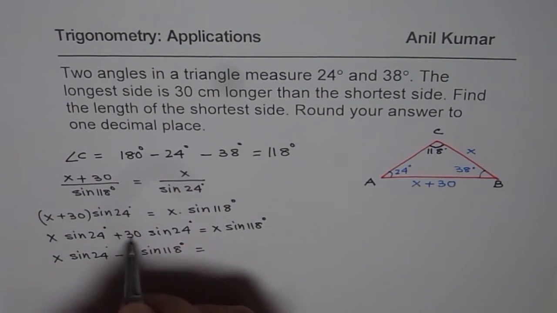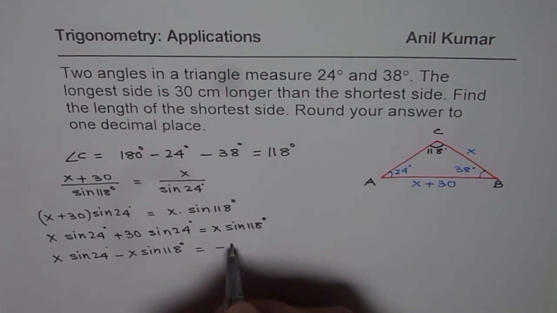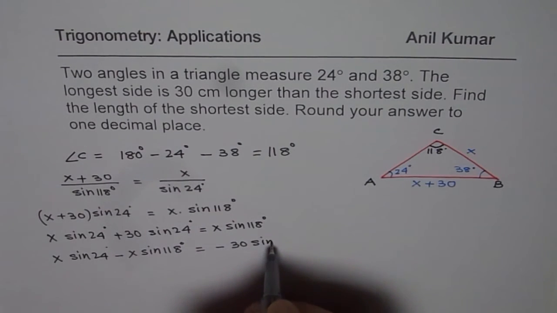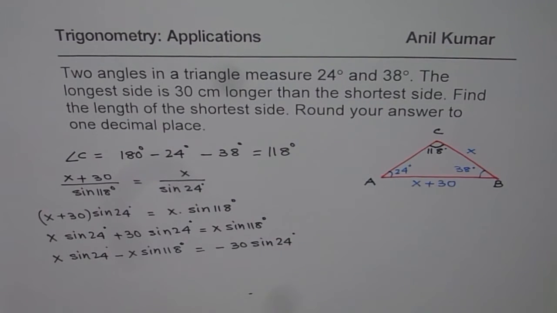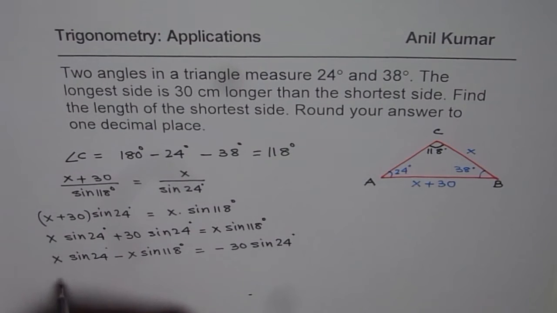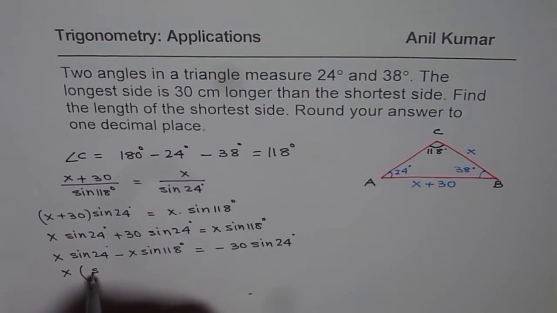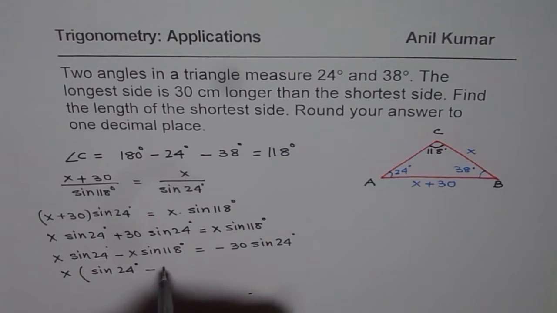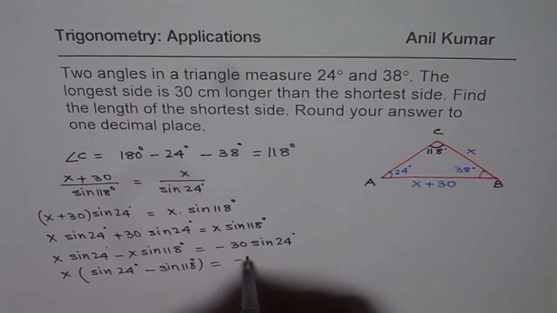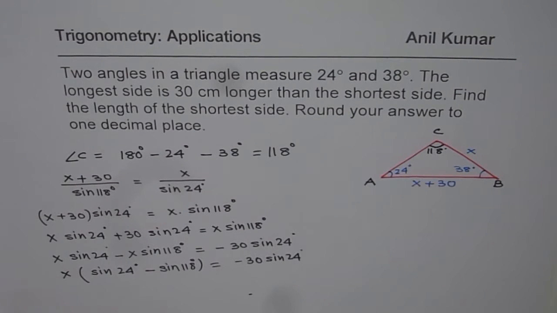That is a constant, so let's take it to the right side, which is negative 30 sine of 24 degrees. It was better if we would have taken this to the other side, then we avoid the negative sign. Anyway, now let us take x common. We have (sine of 24 degrees minus sine of 118 degrees) times x equals minus 30 sine of 24 degrees.